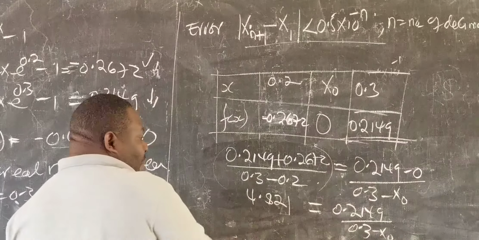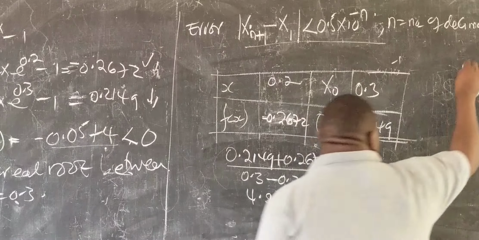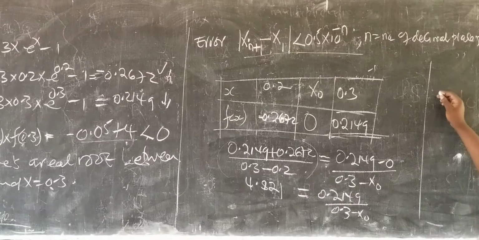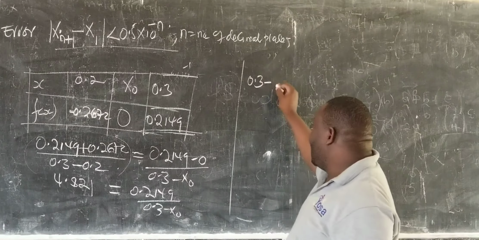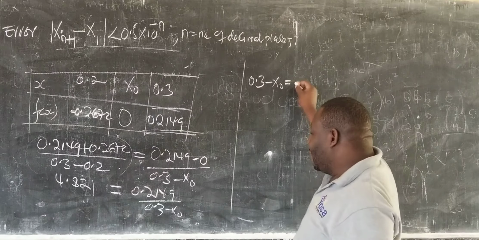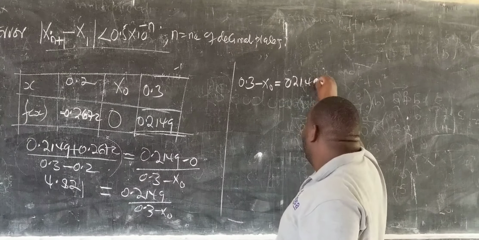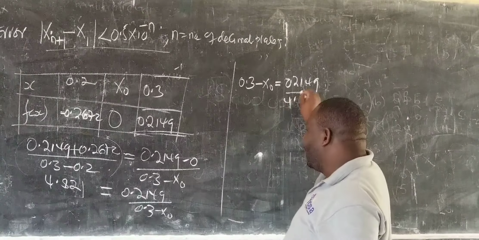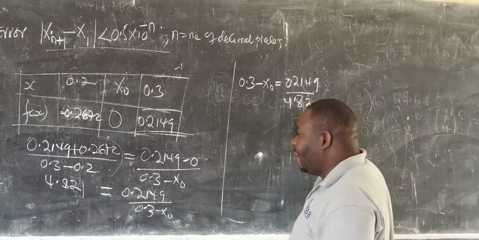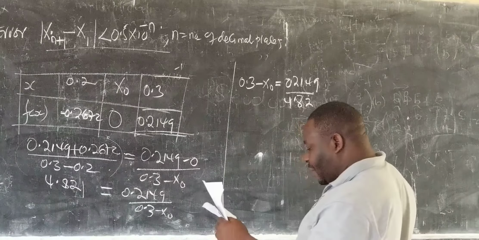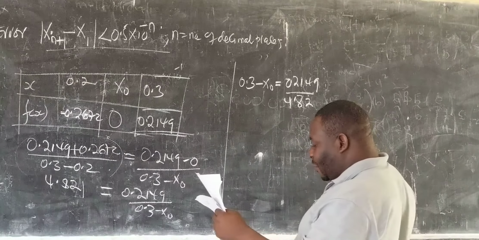So when we cross multiply and we bring this one this side, we have 0.3 minus x naught equal to 0.2149 over 4.821.